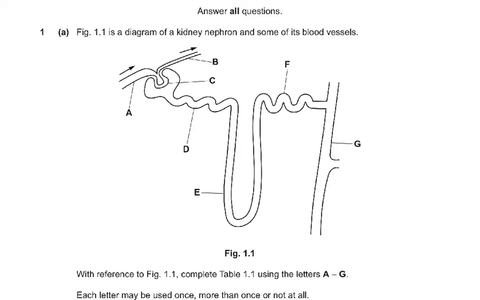Figure 1.1 is a diagram of a kidney nephron and some of its blood vessels. There's the marking A, B, C, D, E, F, G. Now you know A is the afferent arteriole. Why? Because it's got a wider lumen, and this has got a narrow lumen. So this is the efferent arteriole. I always tell you to remember it: E for efferent, E for exit.